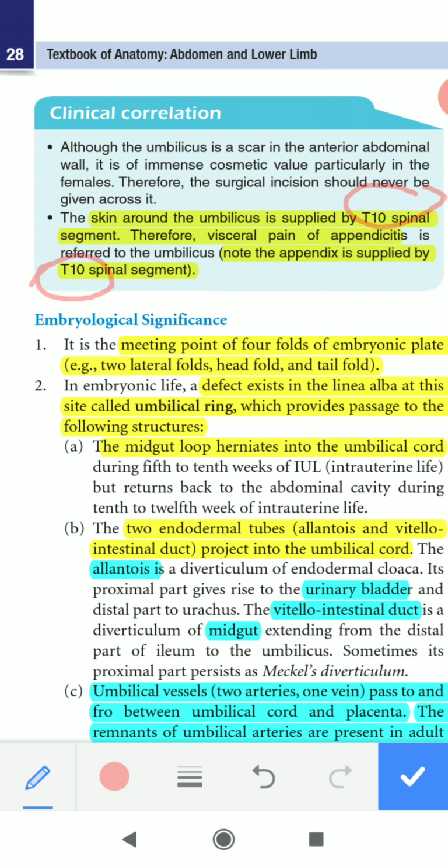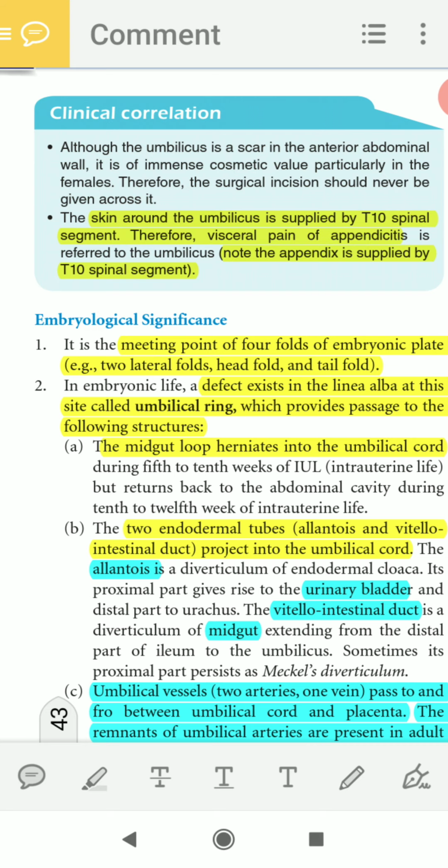So if there is infection or inflammation of the appendix, the pain is at first felt at the level of the umbilicus, due to the same segmental innervation. So the appendicitis patient at first will feel pain around the umbilicus.